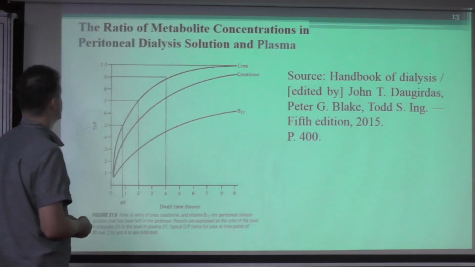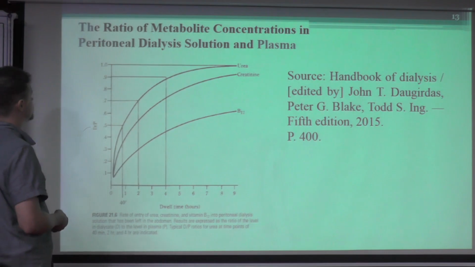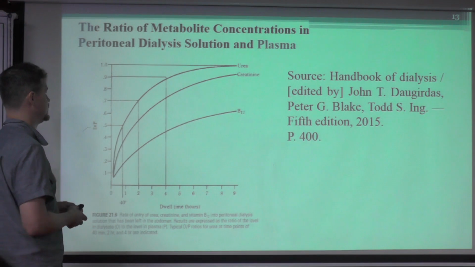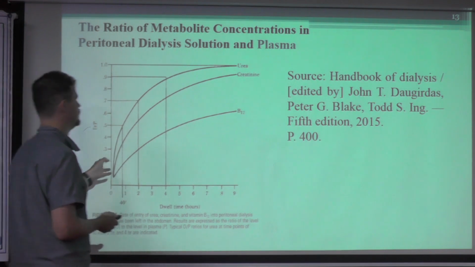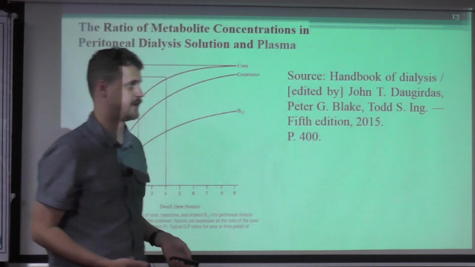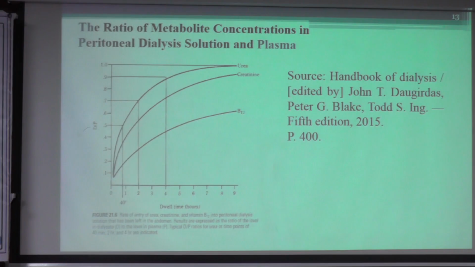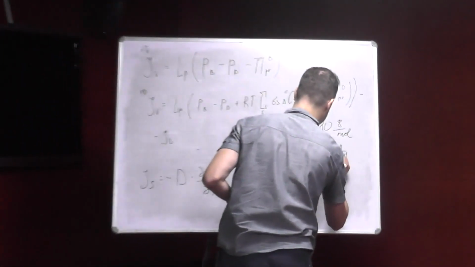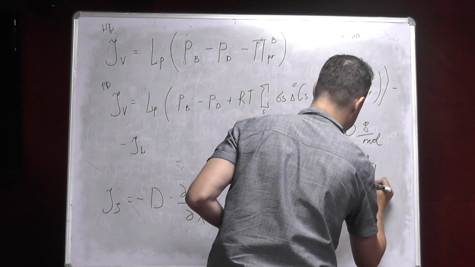This is the ratio of metabolite concentration in peritoneal dialysis solution and plasma in the case of peritoneal dialysis. So we can expect that urea will diffuse through the membrane pretty easily. It's a very small molecule, with a molecular mass of about 60 grams per mole, and for creatinine it will be 113 grams per mole.